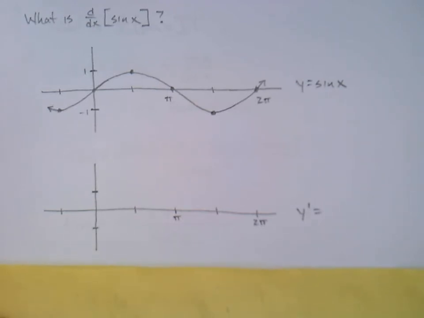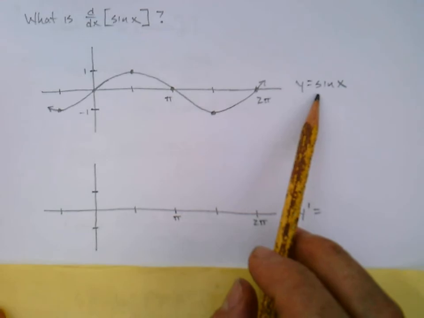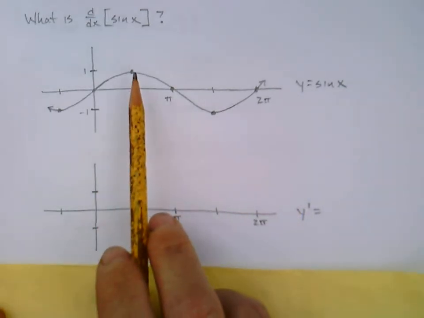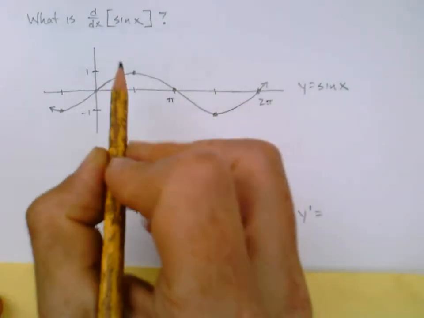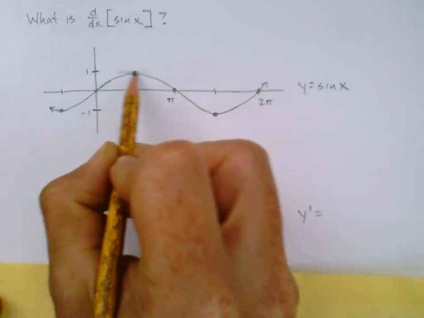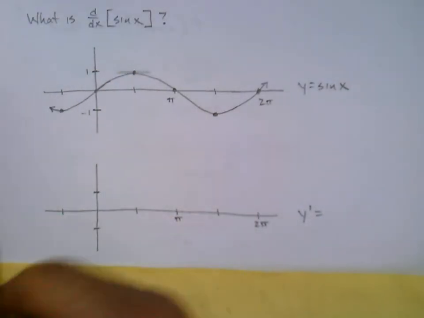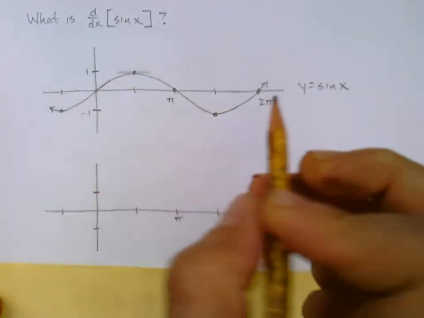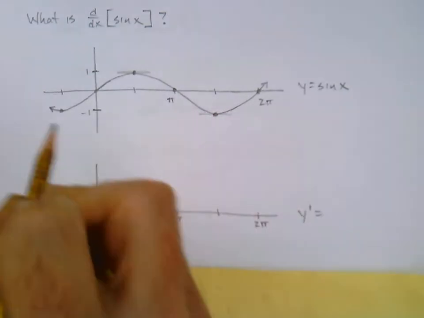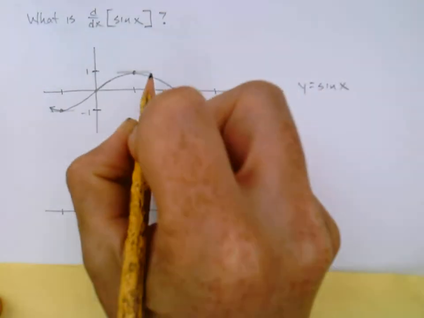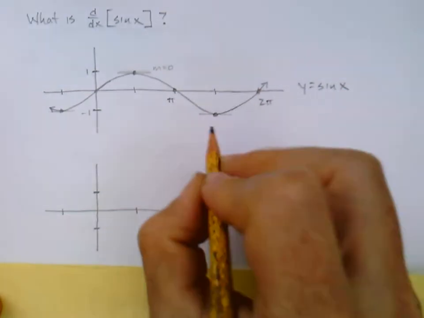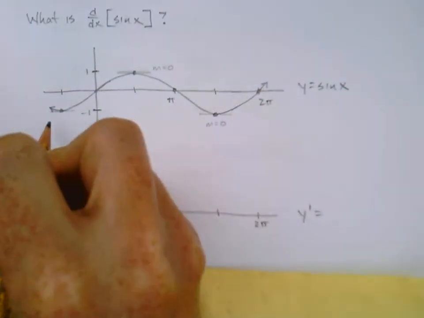Let's try it out. On the original function, we want to look to the points where the tangent line is horizontal. And the way I've drawn it, that happens 3 times. So the slope there is 0, 0 there, 0 there.